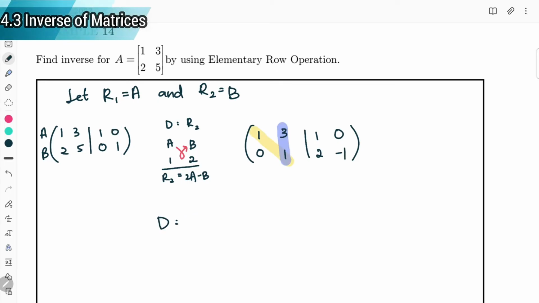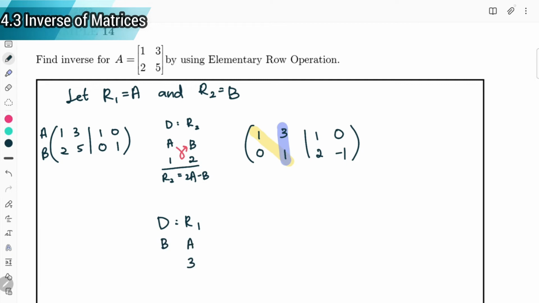So now focus on the diagonal and the second column. On the second column, the row that is not on the diagonal is row 1. I've highlighted that in blue. Okay, the entry is 3.